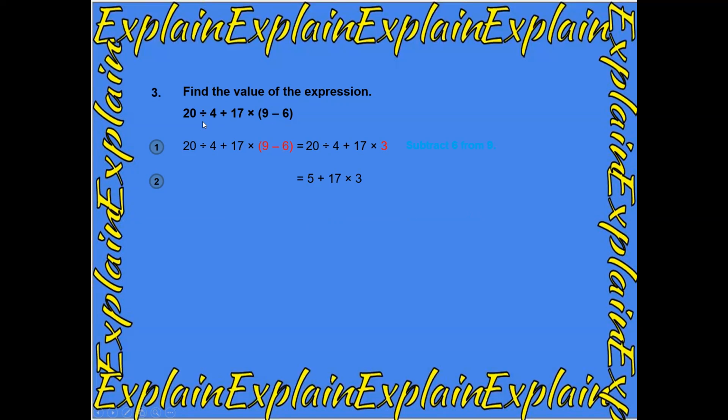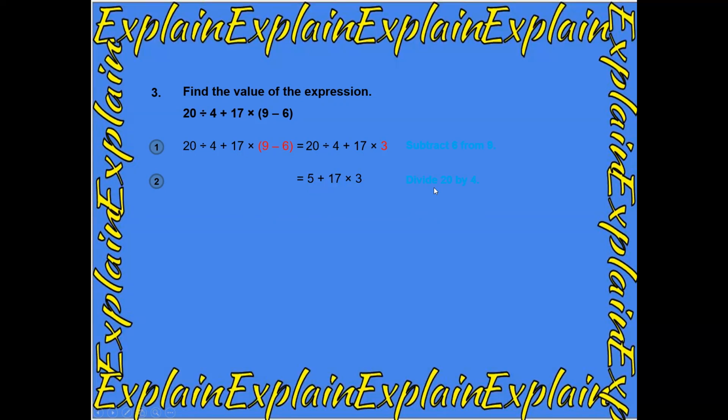Now I've got 20 divided by 4 is 5, because I'm going left to right. 5 plus 17, I did not do that operation yet, times 3. So going left to right, it says do 20 divided by 4 first. Okay, 20 divided by 4 is 5. Then I kept the rest of the expression the same, 5 plus 17 times 3.